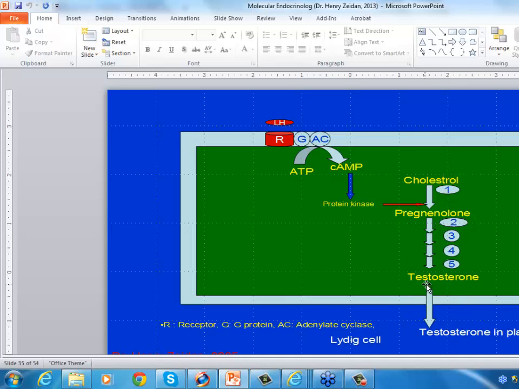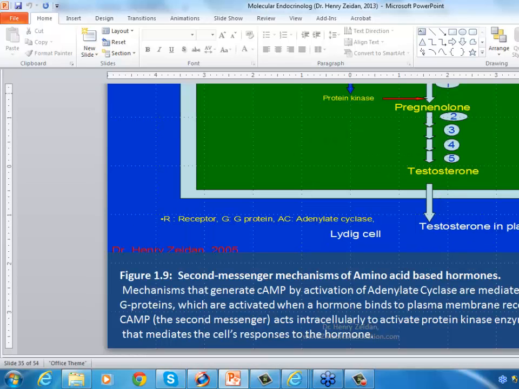Of course, testosterone, as I said, circulates in plasma in a free form and bound to globulin. So that's the second messenger mechanism. You have everything explained well here, no problem with that.